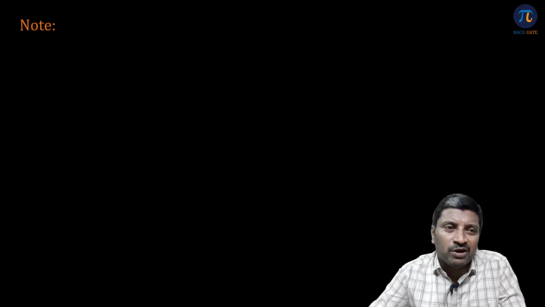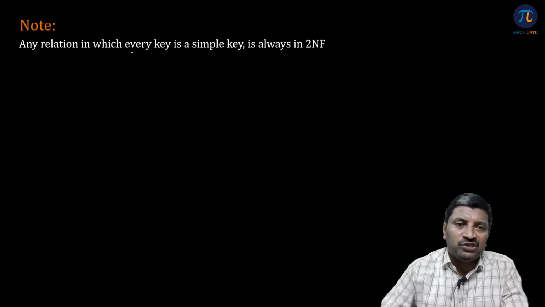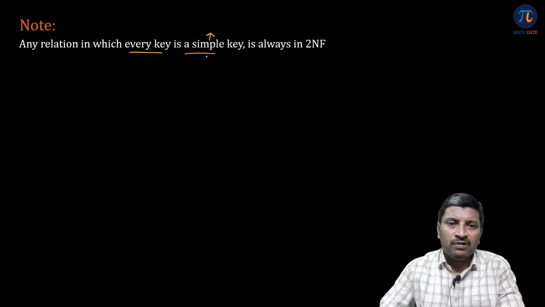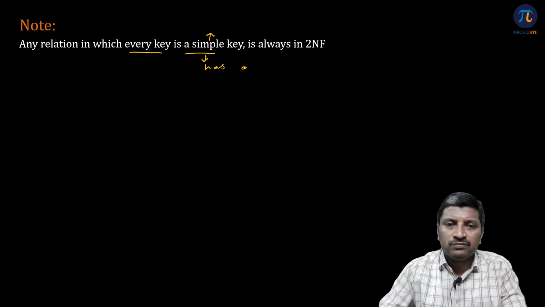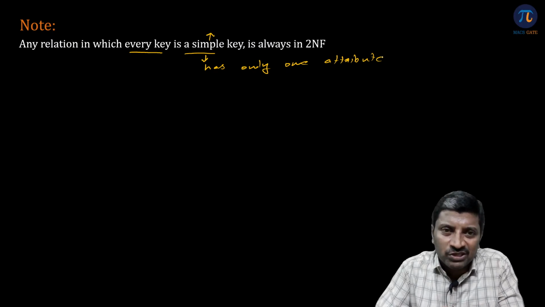Now let me give a small note about second normal form. Any relation in which every key is a simple key. Sir, what is a simple key? It has only one attribute. I already explained about this, sir.